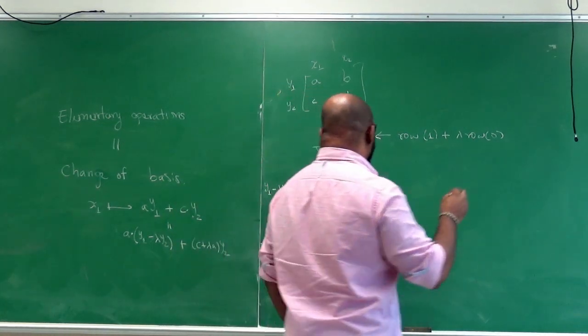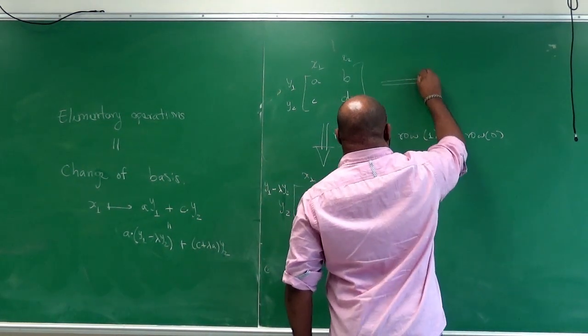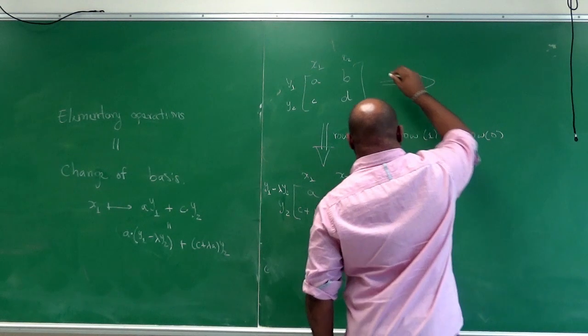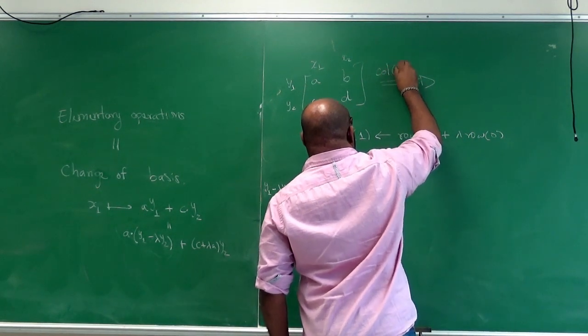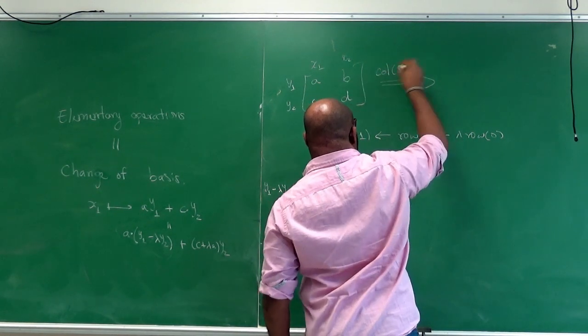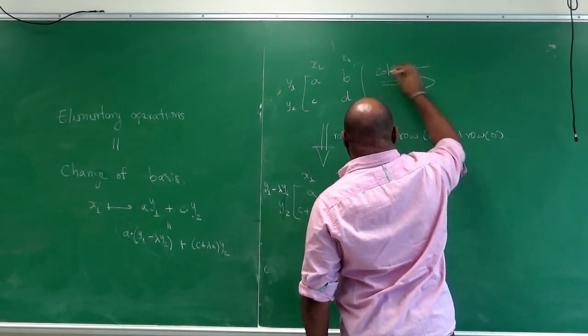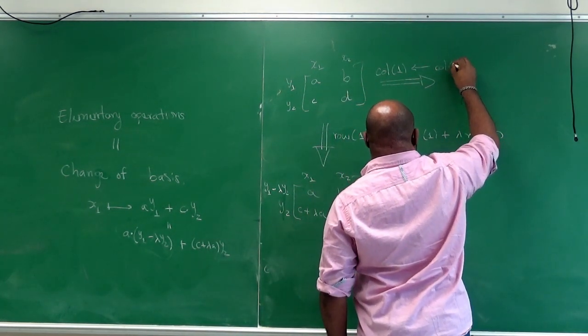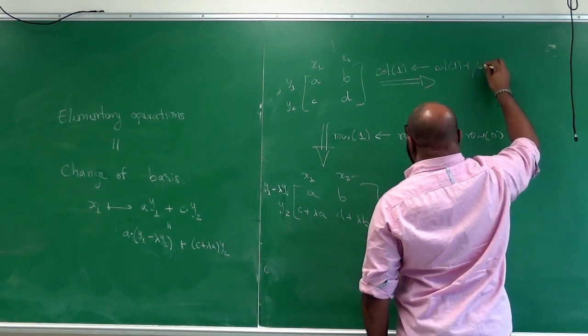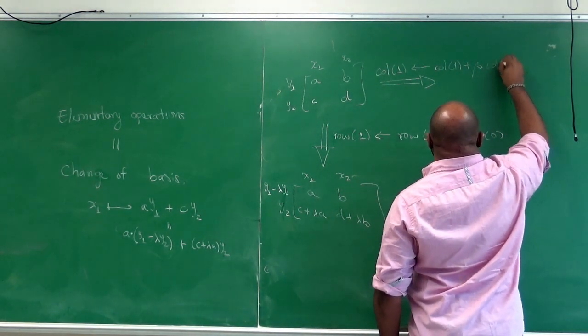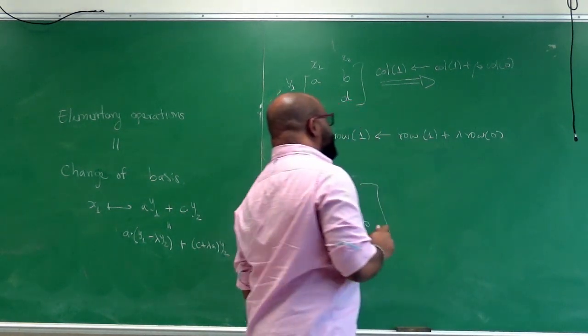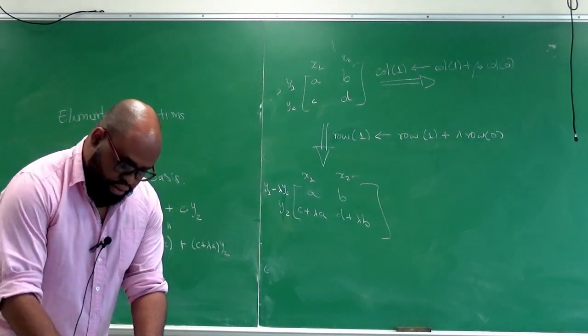Now let's see what happens if you do a column operation. So say that you change the column, so this column, you change it by adding, let's say, beta times the first column, right?